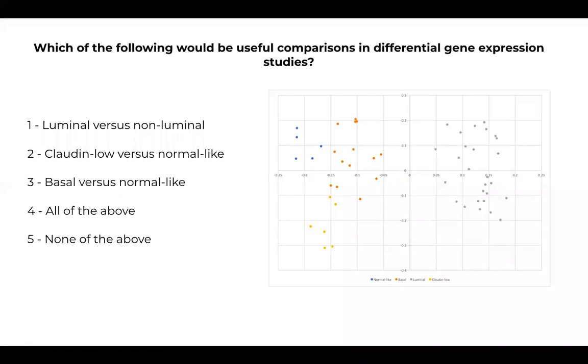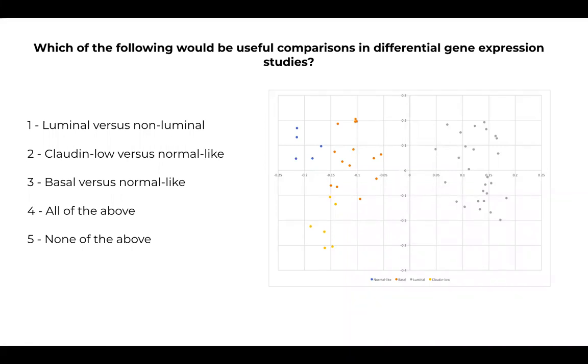Okay, luminal versus non-luminal totally makes sense. There's obviously a clear distinction between luminal and non-luminal, whereas in the other, including claudin-low and normal, there is overlapping. Okay, there is overlapping. So luminal versus non-luminal is correct.